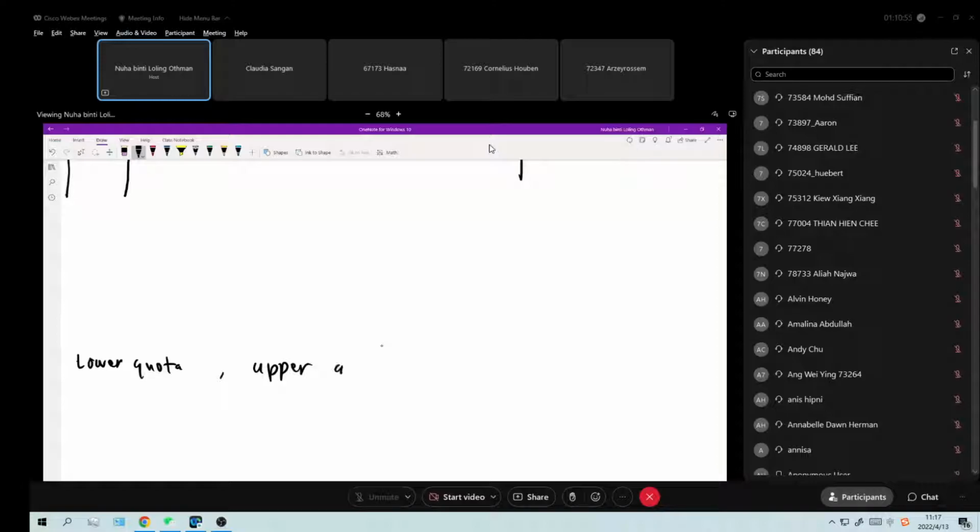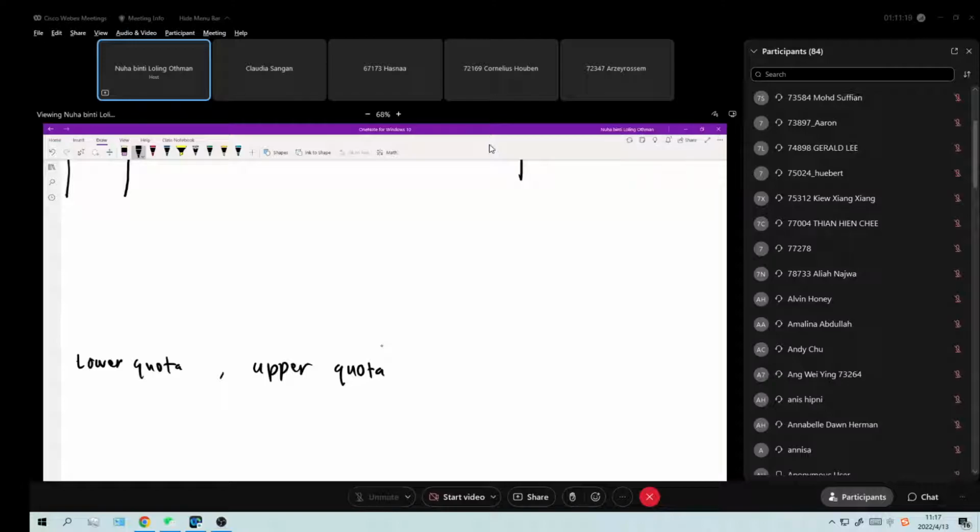So which method will use the lower quota and which method will use the upper quota? Two methods will use the lower quota, that is Hamilton and Jefferson.